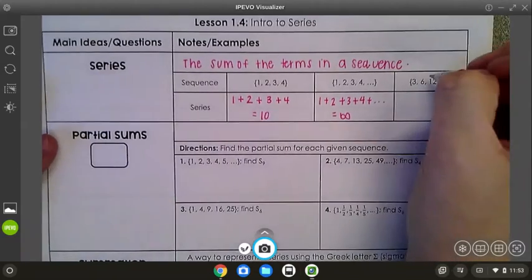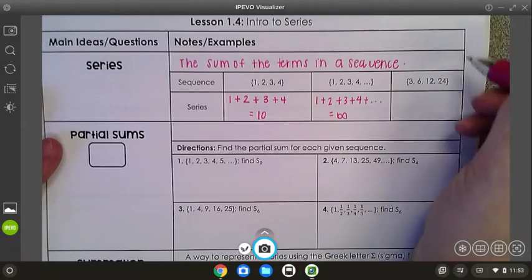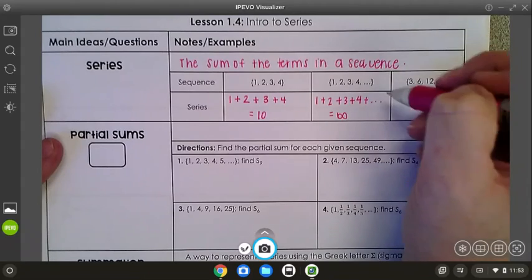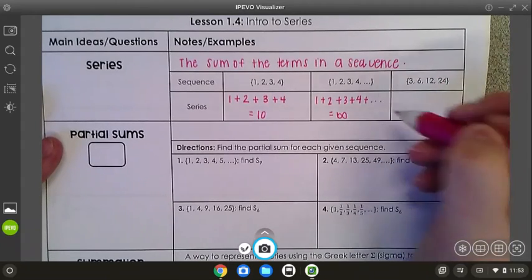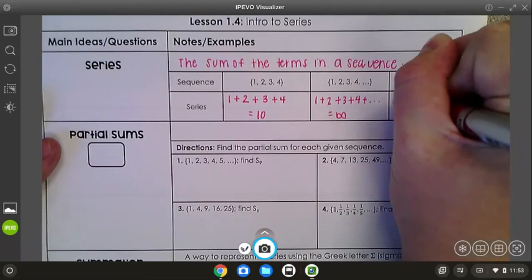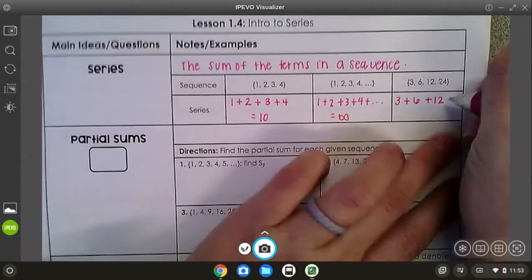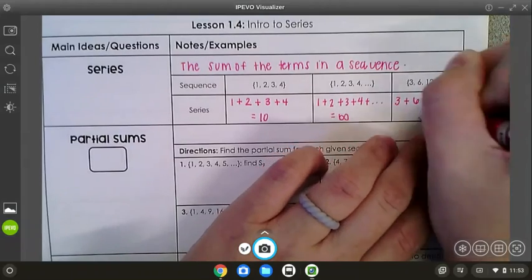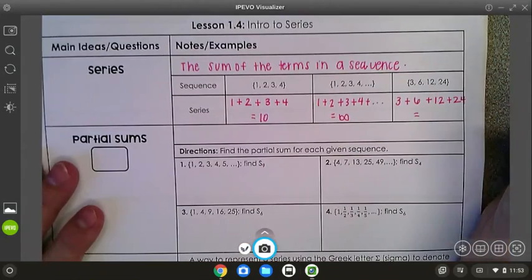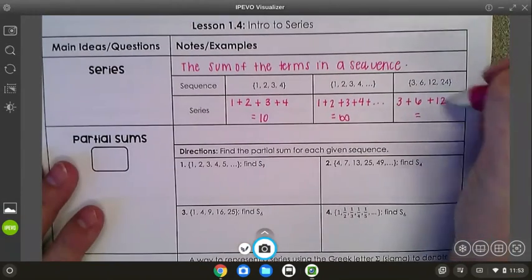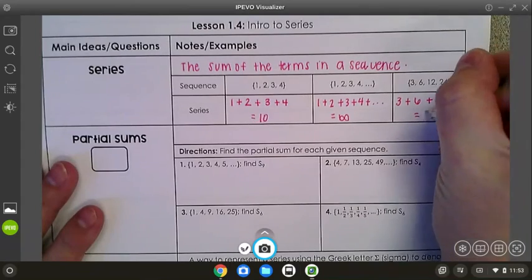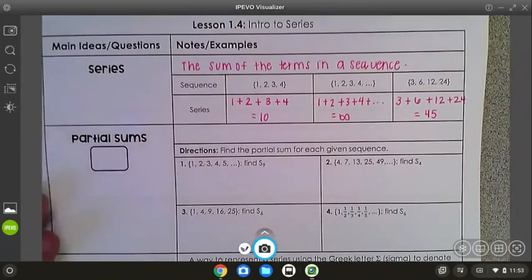Then we also have this one. So if we want to take this sequence and turn it into a series, that would be 3 plus 6 plus 12 plus 24, which if we added all those together would be 45.